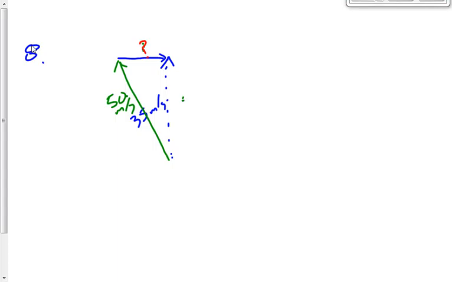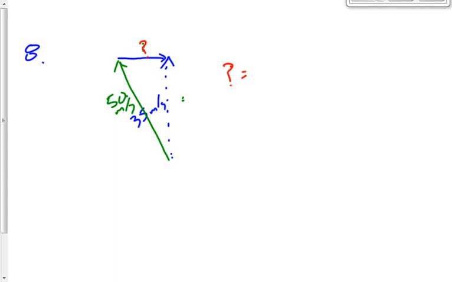Now, it's a little bit different than the other problems we've done because we're not looking for the hypotenuse here. But it's still the same equation. We know that the Pythagorean Theorem applies, where a squared plus b squared equals c squared. But we're not looking for c squared, we're looking for a or b. So let's just call it question mark.